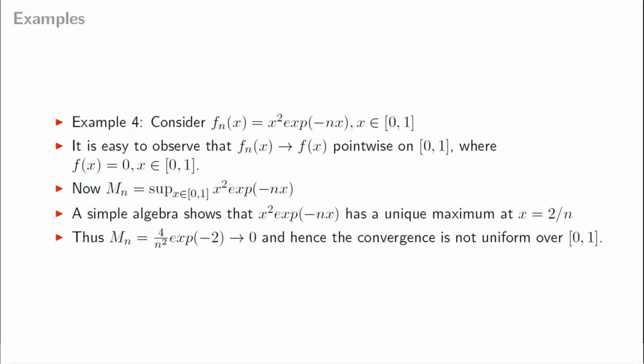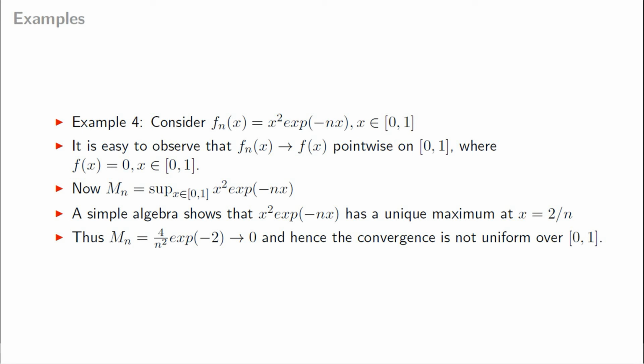So next, consider our next example where the sequence of functions is defined as x square multiplied by e to the power minus nx for x belonging to [0, 1]. It is easy to observe that fn(x) converges to f(x) pointwise on [0, 1] for the limit function f(x) equal to 0. Now, in this case the supremum can be calculated, and we find Mn using the supremum value.